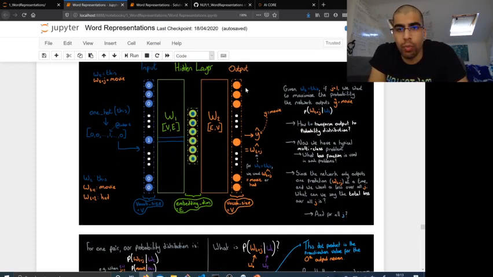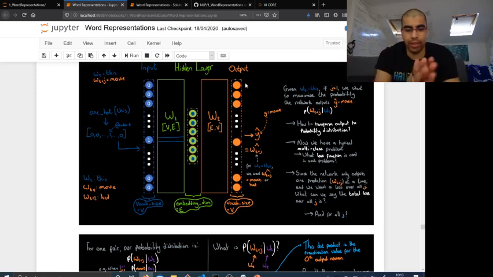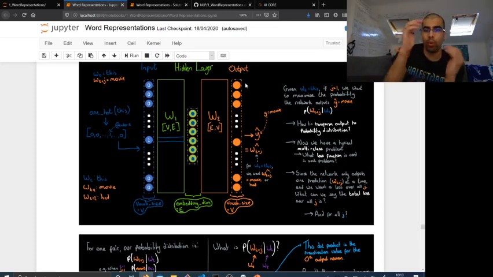Given a vector, the softmax will say this is the most prominent element, the highest number, and it will have a high value, and all the other elements will have a low value. After the softmax operation, the elements of the vector will sum to 1.